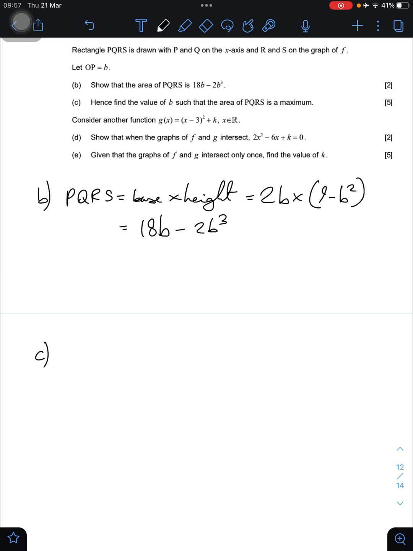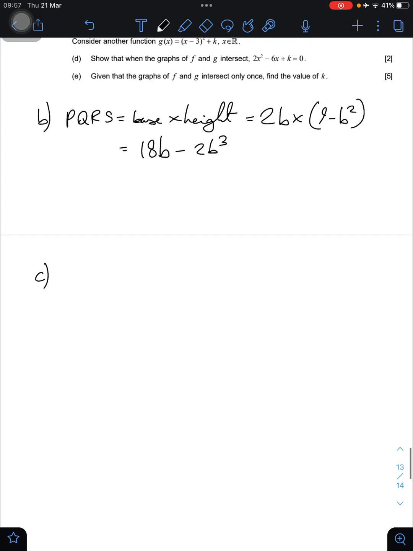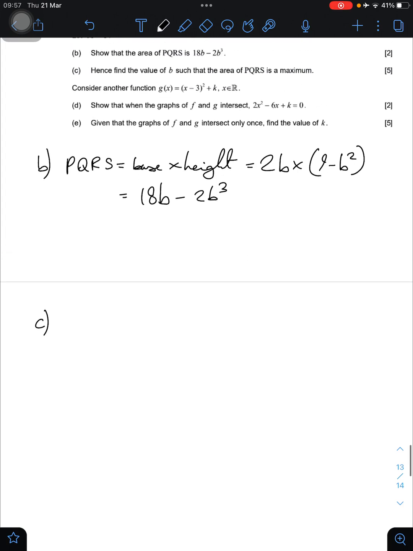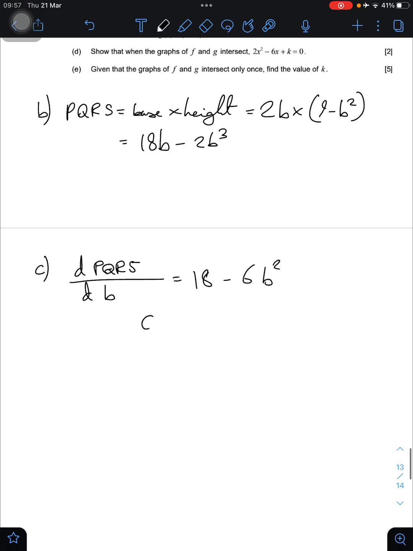Part C. Hence find the value of b such that the area is maximum. Well, we need to find the differential of that function in order to do that. So the differential of the area, so let's go d of PQRS over d of b, because with respect to b, would be 18 minus 6b squared.